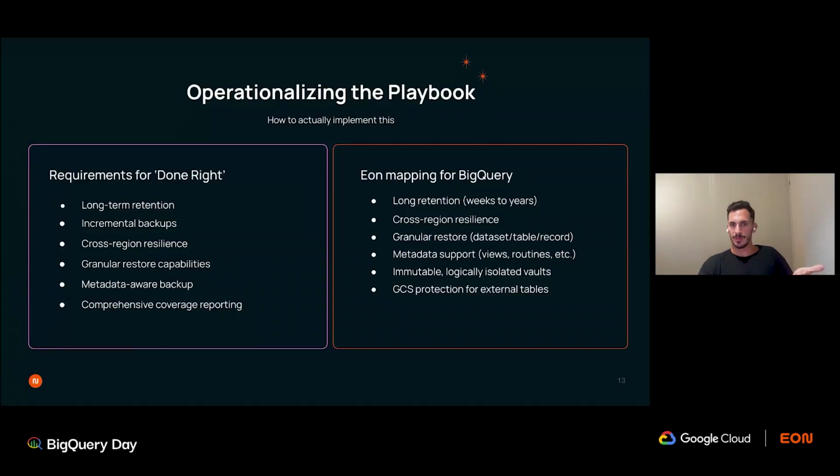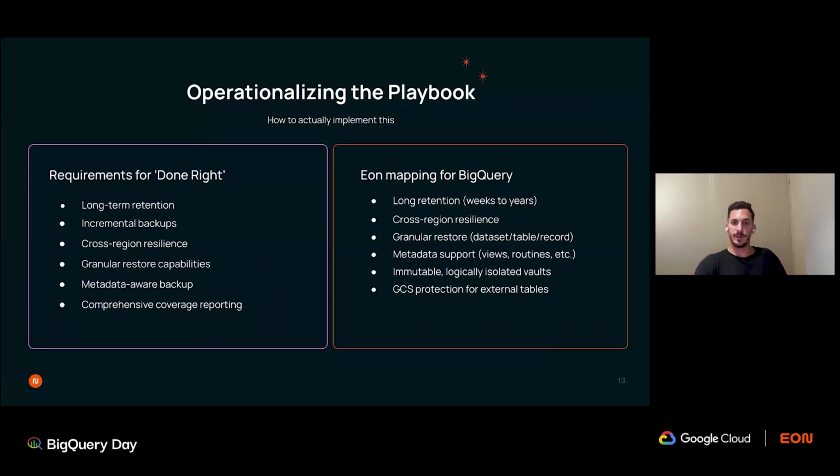You need to have long-term retention because real incidents are often discovered far outside of the 7 days time travel window. You need to have cross-region resilience because infrastructure failures, outages, and regional incidents do happen. You need to have granular restore because nobody wants to restore the entire environment just to recover a single table or a few bad records.